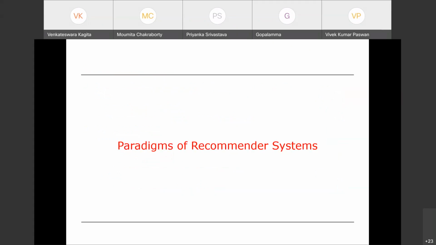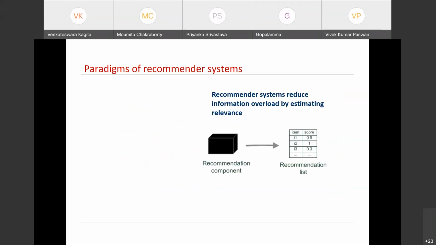So there are different paradigms of recommender systems. Let us go through them, right? The recommender systems reduce the information overload problem by estimating the relevance. So the output of the recommender component is the relevance score: how relevant is item 1 to the user, how relevant is item 2 to the user, and so on.